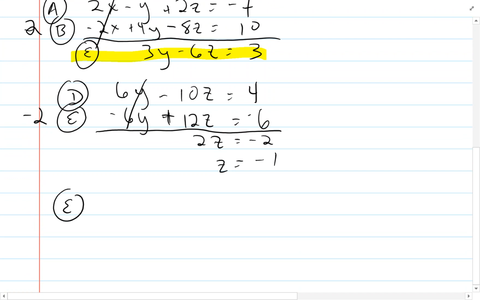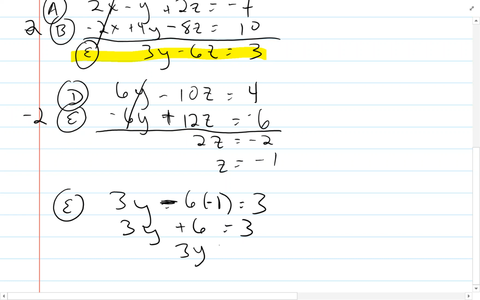So I've got my E, and I replace my z with negative 1. Minus 6 times a negative 1 is equal to 3. So this becomes 3y plus 6 is equal to 3. 3y is equal to 3 minus 6, which is negative 3.